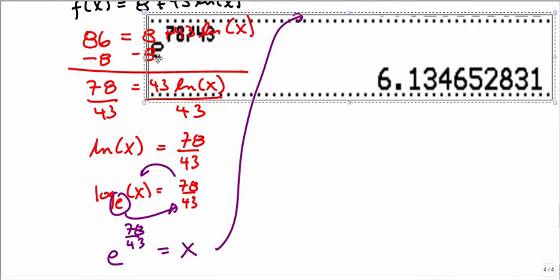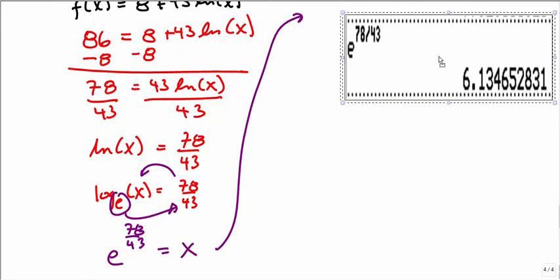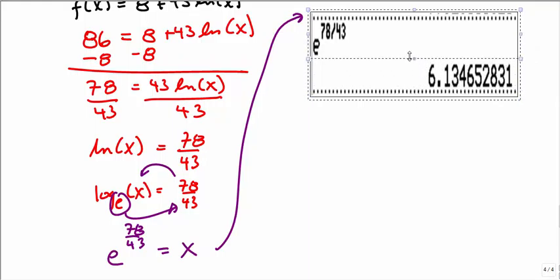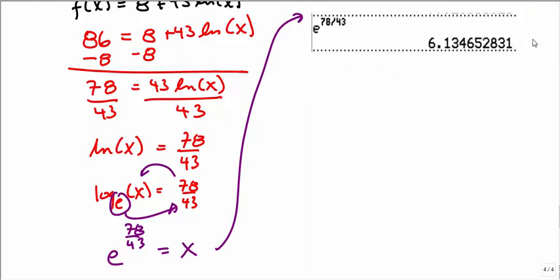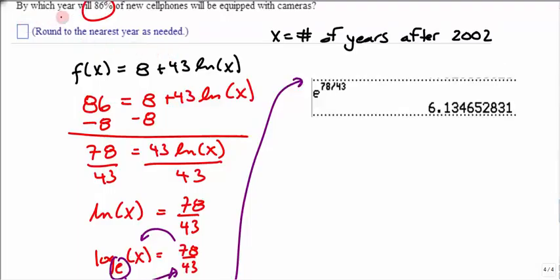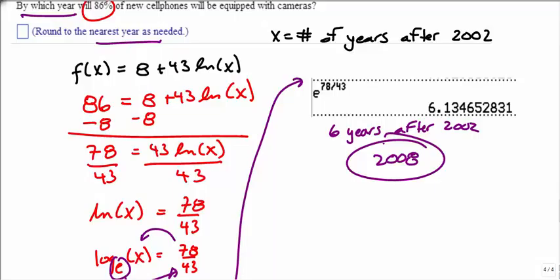We need to look and see what the question is. Does the question say the number of years or in what year? So it says in the question, by which year? Round your answer to the nearest year. So this would be, rounded, 6 years after 2002. So I think we'll be looking at 2008 here.